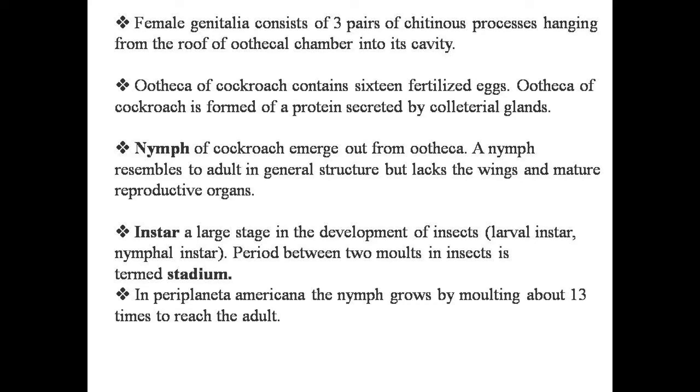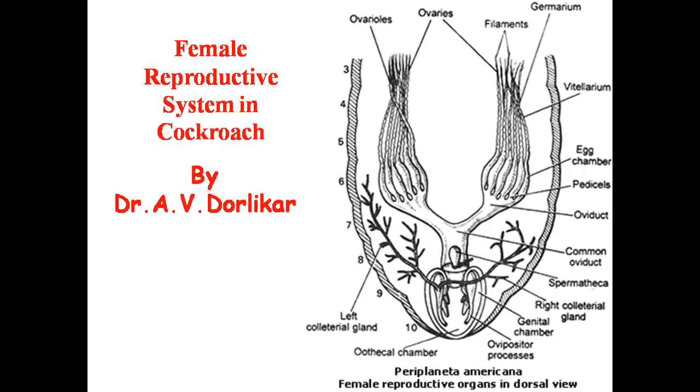The instar is a stage in the development of an insect, that is, the larval instar or nymphal instar. The period between two molts in an insect is called a stadium. In Periplaneta americana or cockroach, the nymph grows by molting about 13 times to reach the adult.